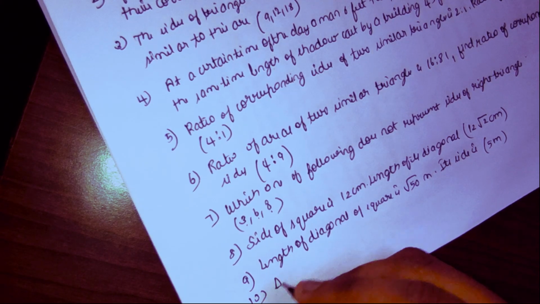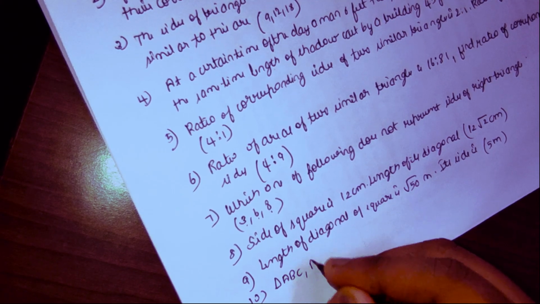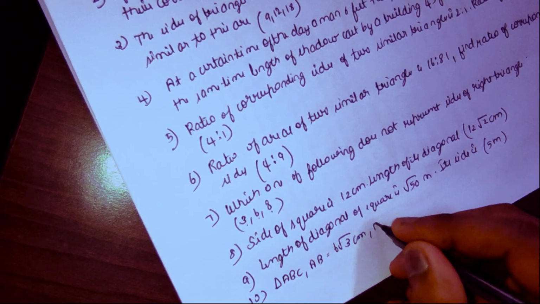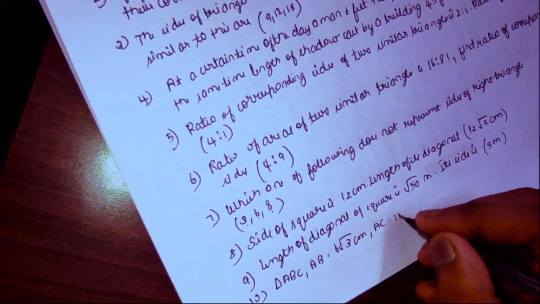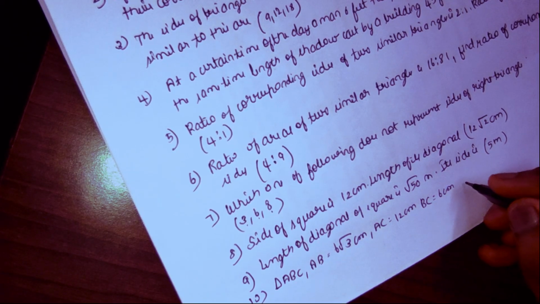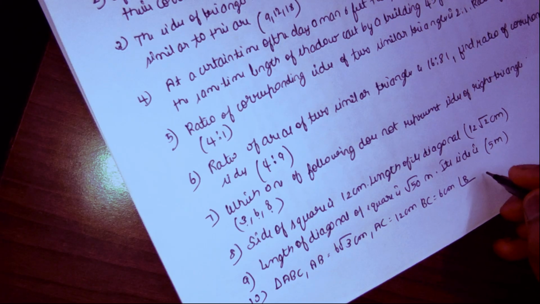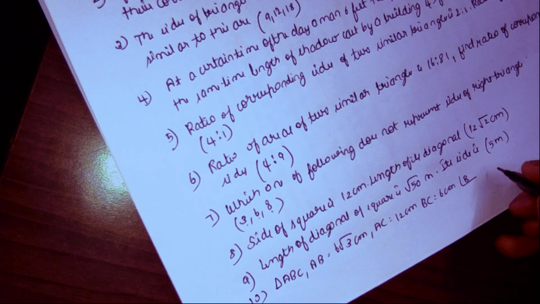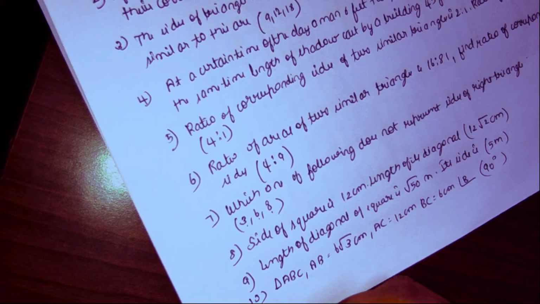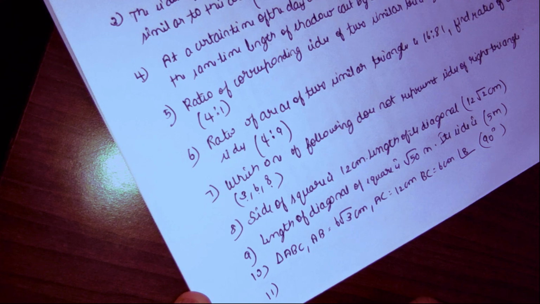In triangle ABC, AB is equal to 6√3 centimeter, AC is equal to 12 centimeter, BC is equal to 6 centimeter. We have to find angle B. The angle B is 90 degree. Last 1 mark MCQ.